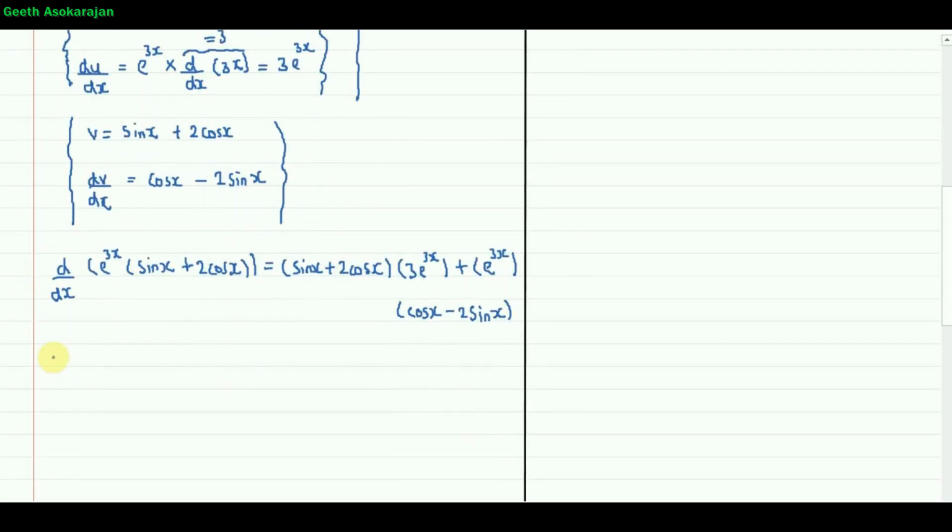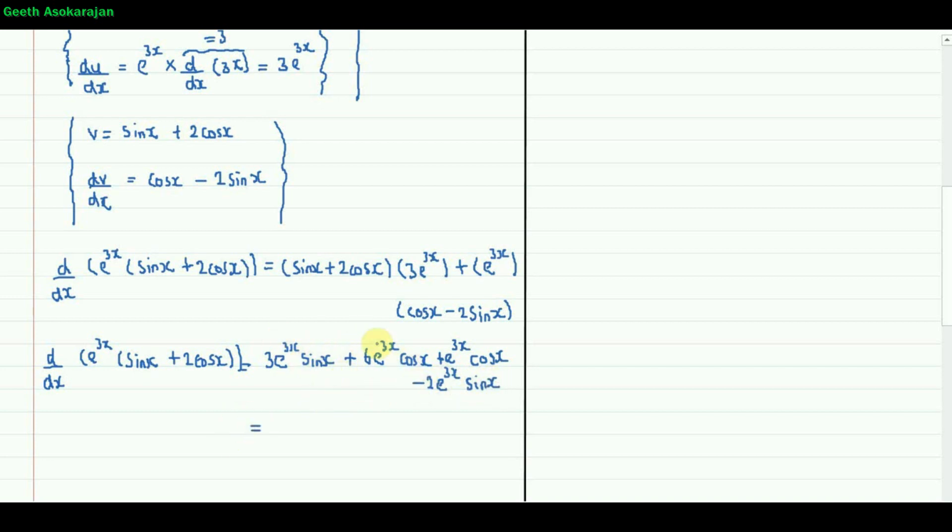Now let me continue over here. So d by dx of e to the 3x into sin x plus 2 cos x is equal to, when I multiply these terms, 3e to the 3x sin x, 3e to the 3x times 2 cos x, that being 6e to the 3x cos x, e to the 3x times cos x, so plus e to the 3x cos x, and e to the 3x times minus 2 sin x, that being minus 2e to the 3x sin x.